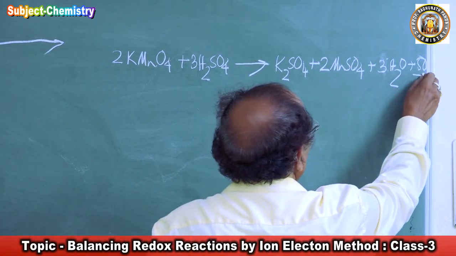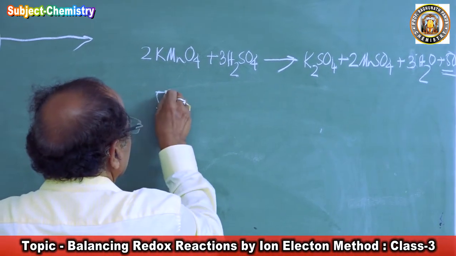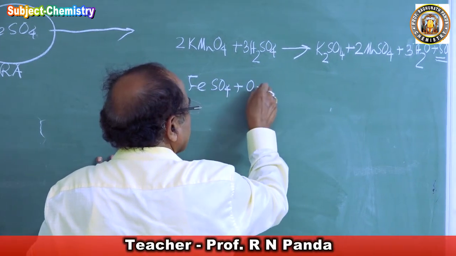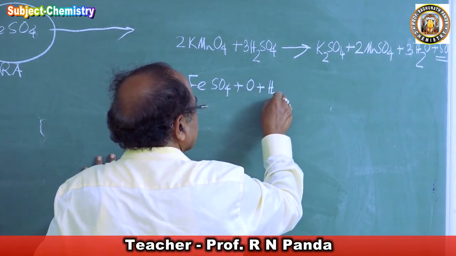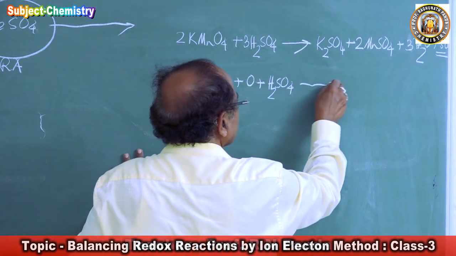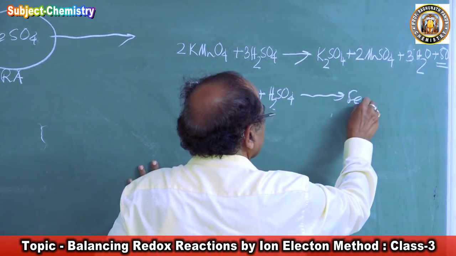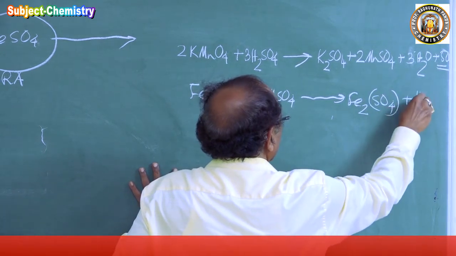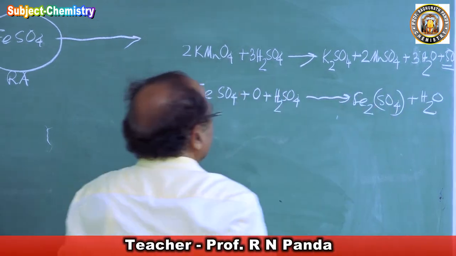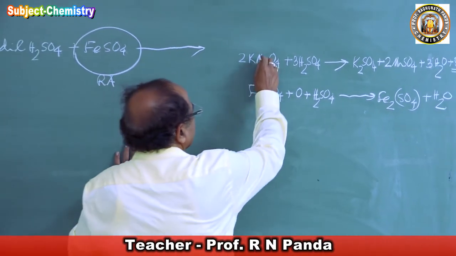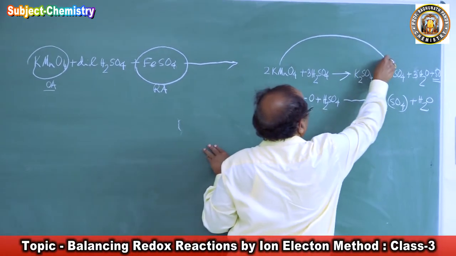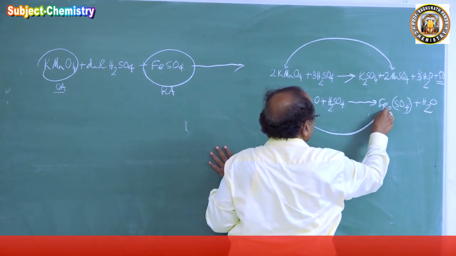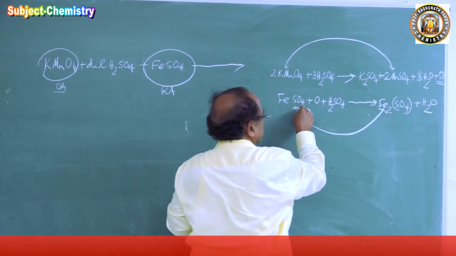So this O will oxidize whom? It will oxidize ferrous sulfate to ferric sulfate in acidic medium. So this will form ferric sulfate and water. So the reaction for potassium permanganate is becoming MnSO4, and ferrous sulfate is becoming ferric sulfate.